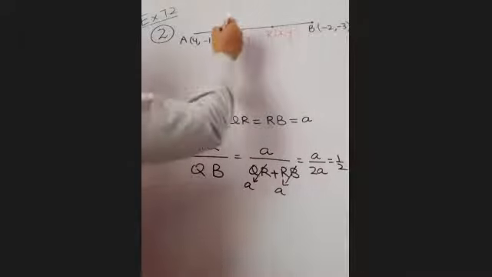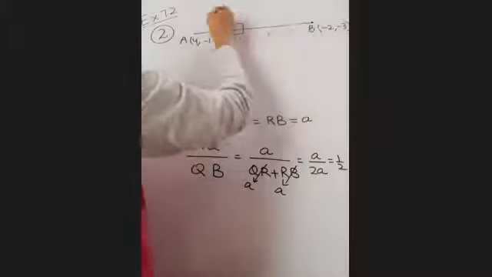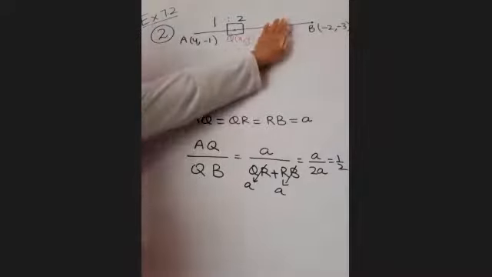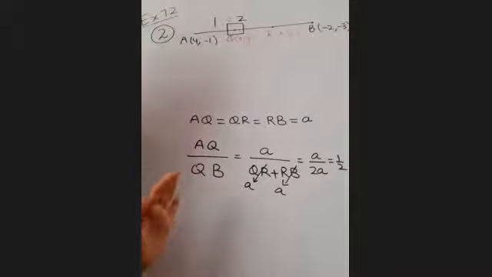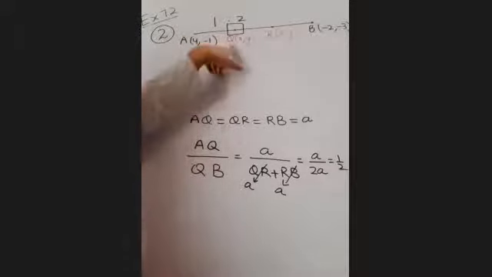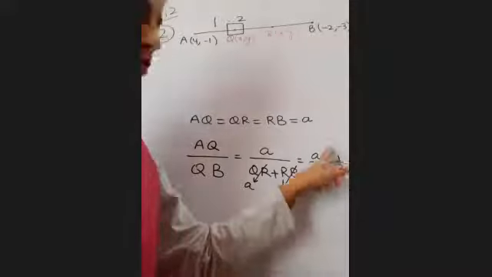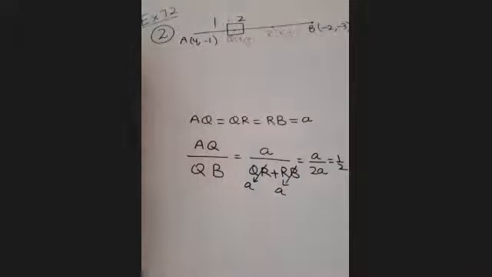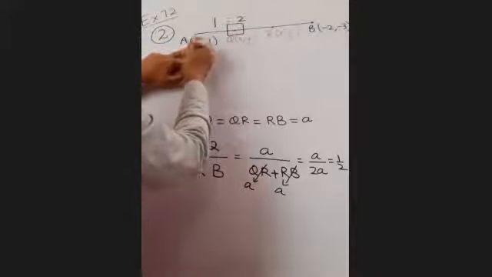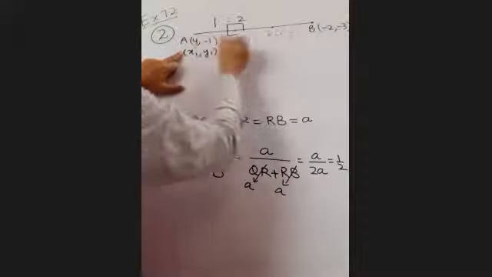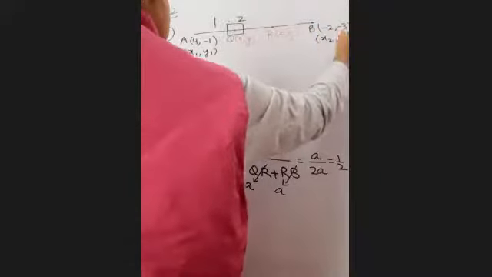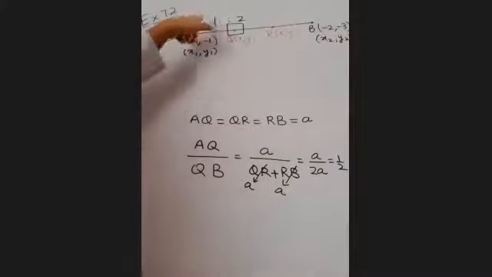So can we take this Q as the point of division that divides AB in the ratio 1:2? Forget about R for the time being. Now we know the extreme points x1, y1 and x2, y2, and we have the ratio m1, m2 as 1:2.